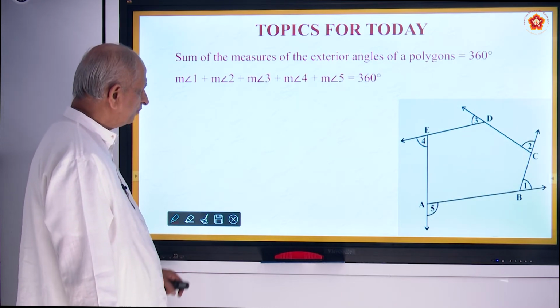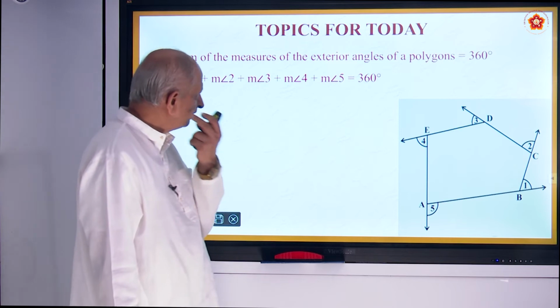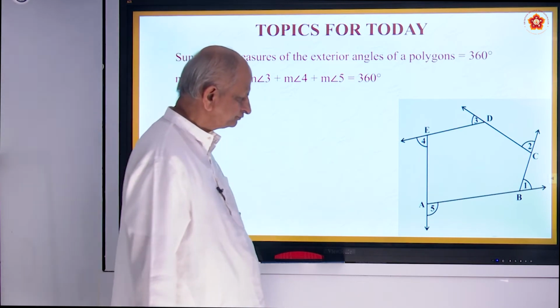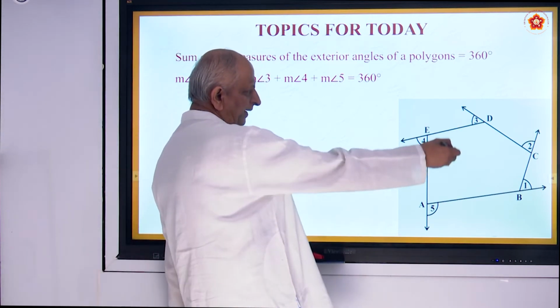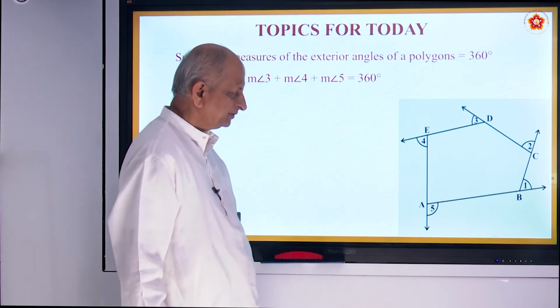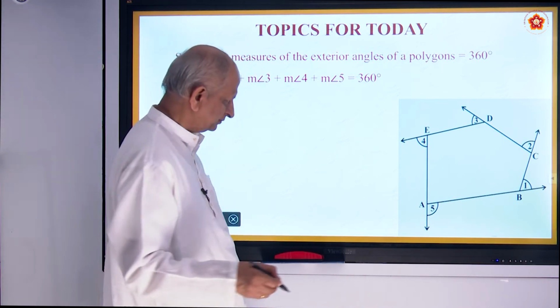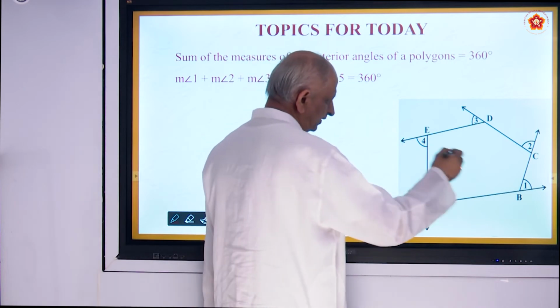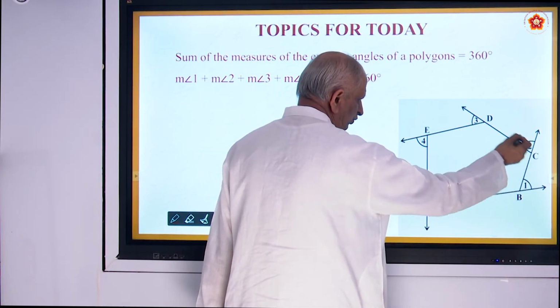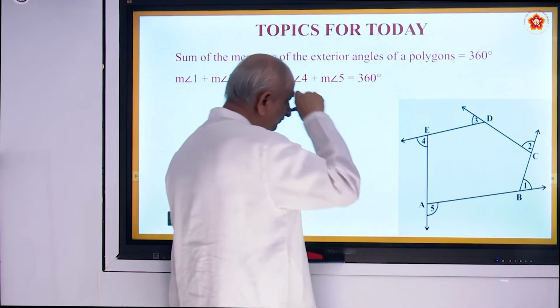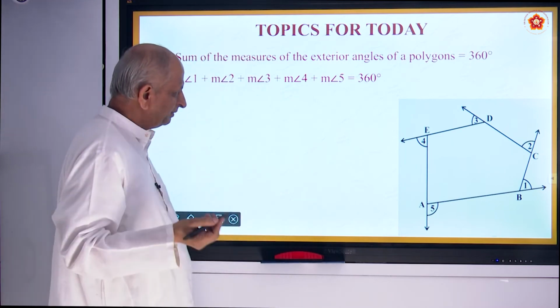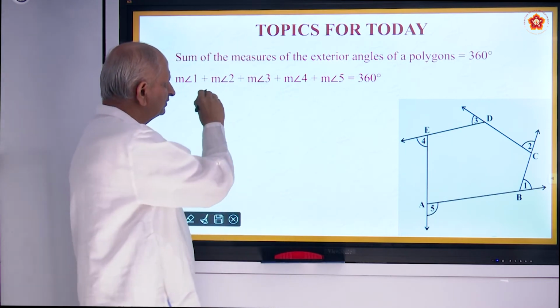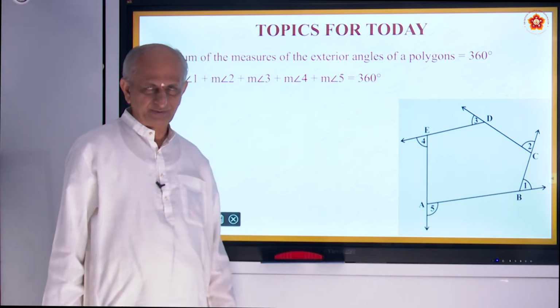Suppose this is a figure of a pentagon. Draw a pentagon with different sizes, sides may be different. And if you take the measure of angle 1, angle 2, 3, 4, 5, they will be different. But if you add them, that will come to 360 degrees.